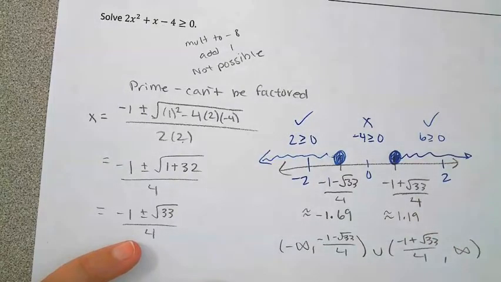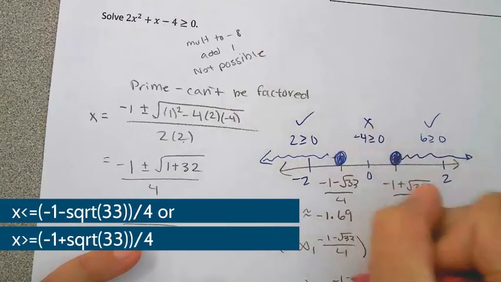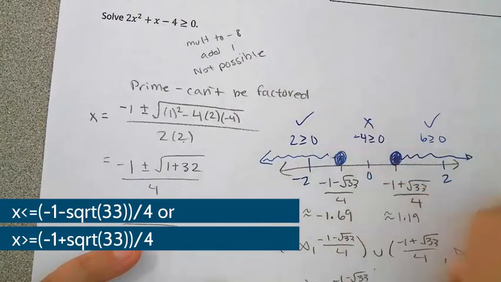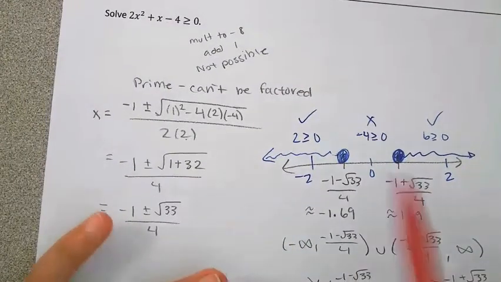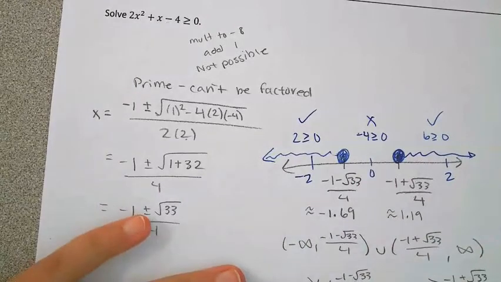And then I can also write this as an inequality: x is less than negative 1 minus the square root of 33 over 4, or x is greater than negative 1 plus the square root of 33 over 4. If we ended up shading in between, it would be one inequality, and we would do our number less than x is less than whatever that number is to show that we are in between.